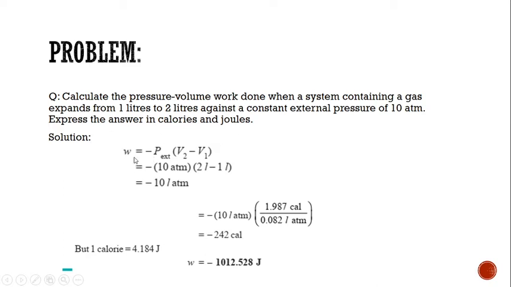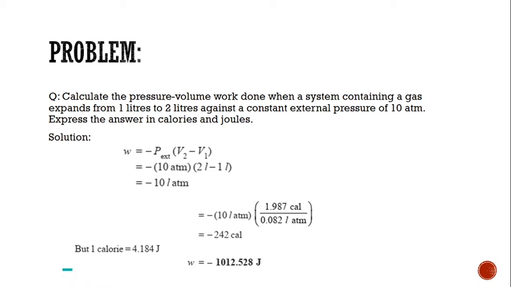As we know this relationship, as we derived earlier, that is work done equals to P external into V2 minus V1. As this is the work done by the system, so we use negative sign here. So putting the given values in this formula, we got the work done in liters into ATM unit.